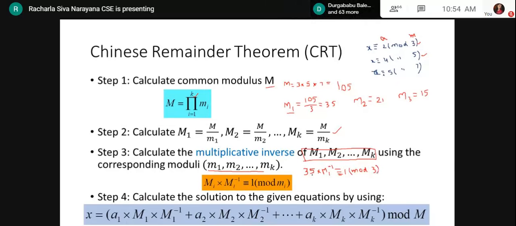Now 35 into m1 inverse mod 3. 35 mod 3 is 2. So 2 into m1 inverse congruent 1 mod 3. So here we got 2 into m1 inverse, but we need m1 inverse.